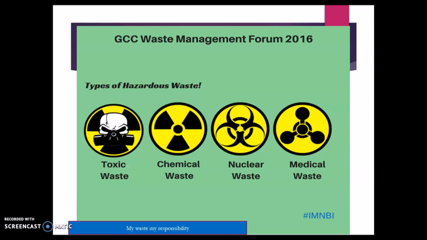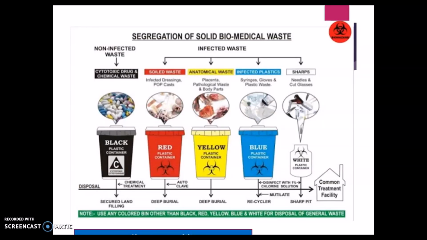Nuclear waste is also shown in a circular form but with a vacuole at the center, and medical waste is also shown in a circular form with dark colored balls centered with one another small ball. Okay, these are the segregation of solid waste.